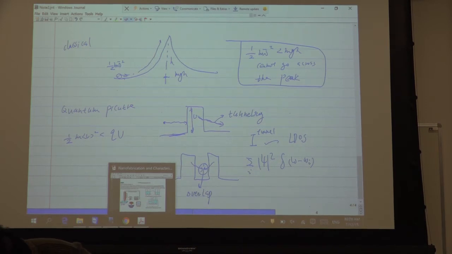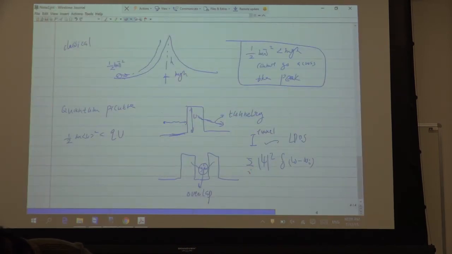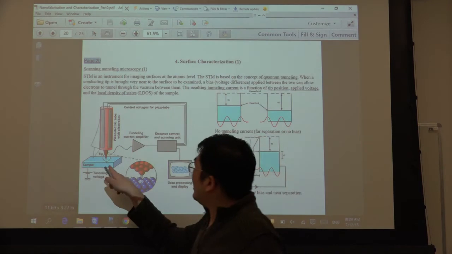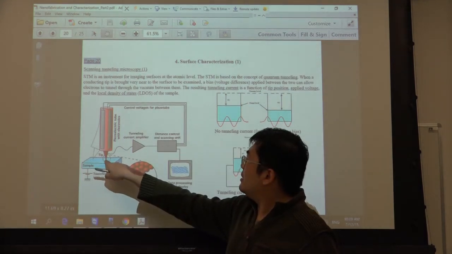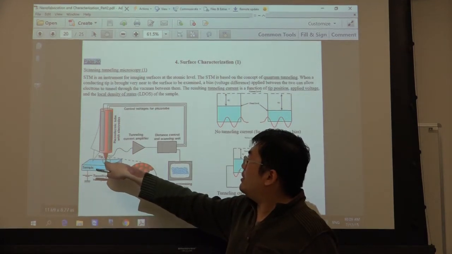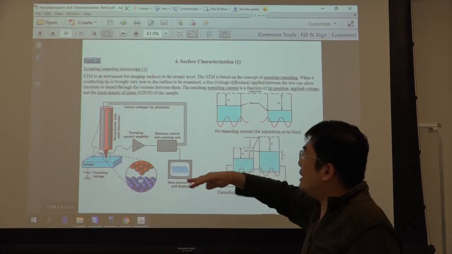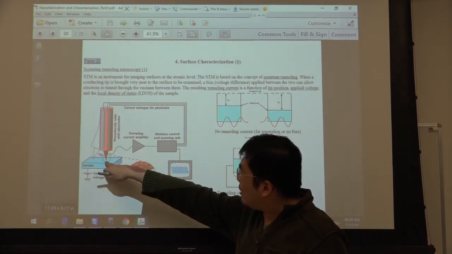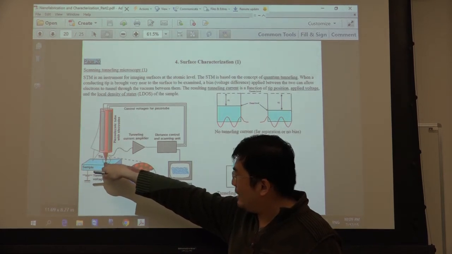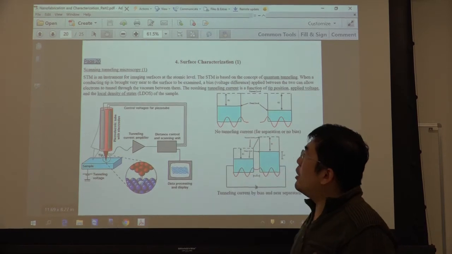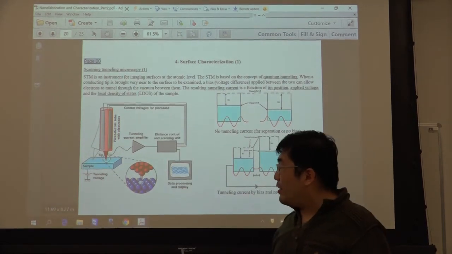So what's the meaning of LDOS? It's how many electrons are at this point, at some frequency interval. It's very easy to understand.